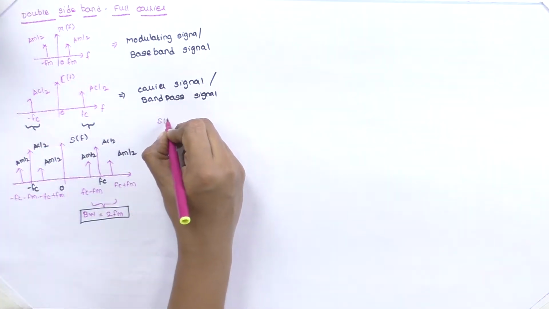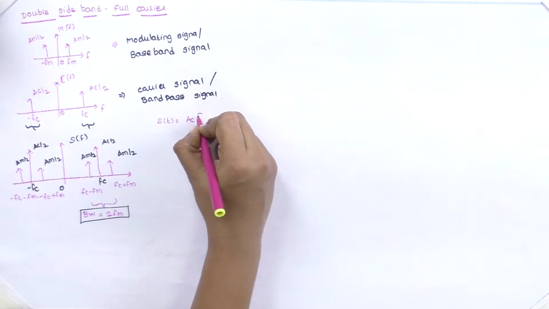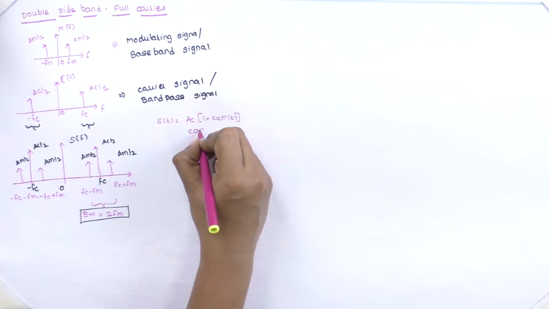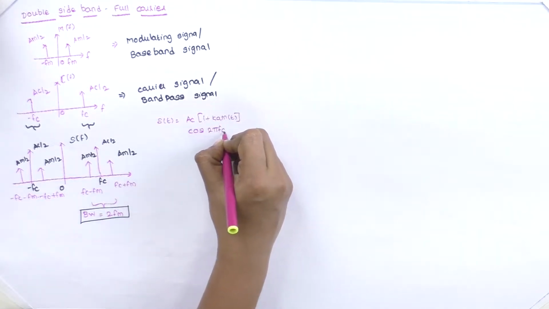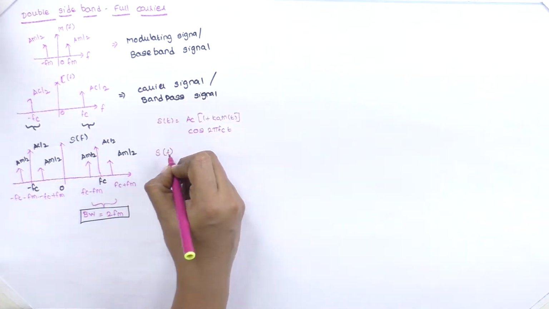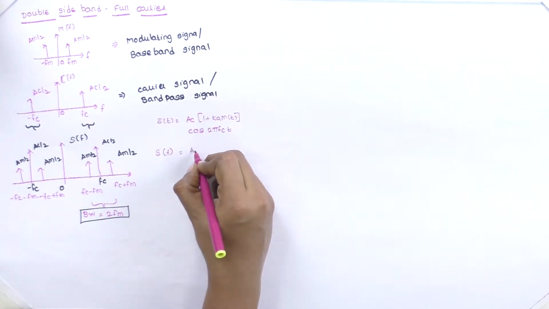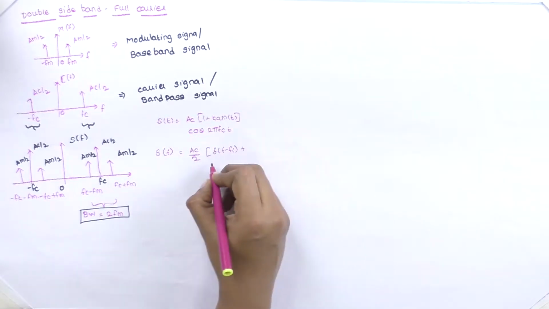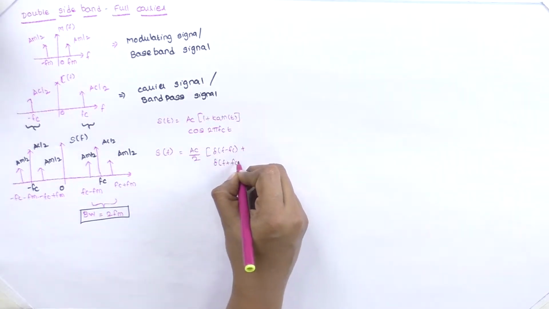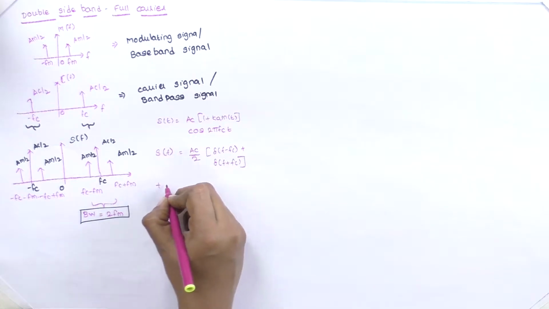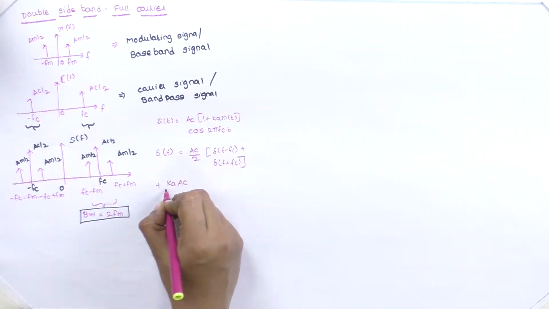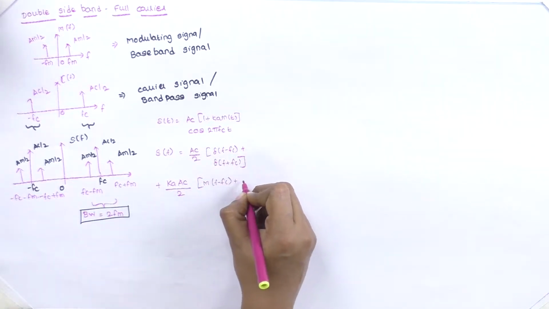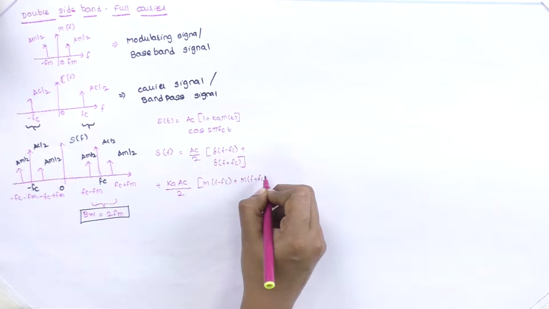The time domain expression is given by s of t is equal to Ac into 1 plus Ka m of t, into cos 2 pi fc t, and the frequency domain representation is given by S of f is equal to Ac by 2 delta of f minus fc plus delta of f plus fc, plus the second term, Ka Ac by 2 into M of f minus fc plus M of f plus fc.